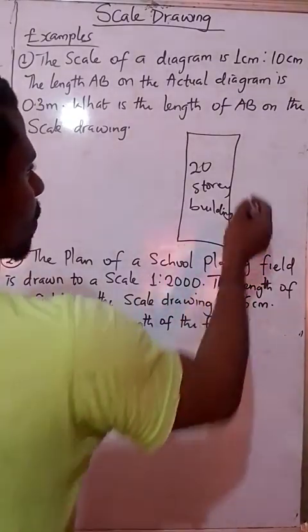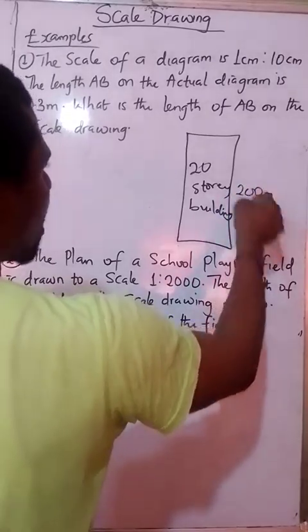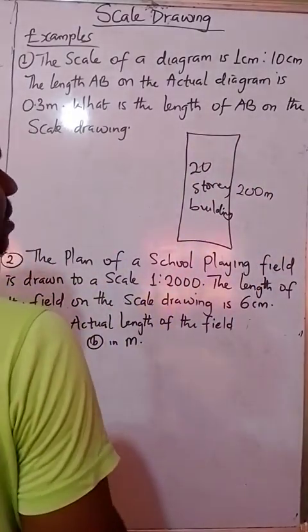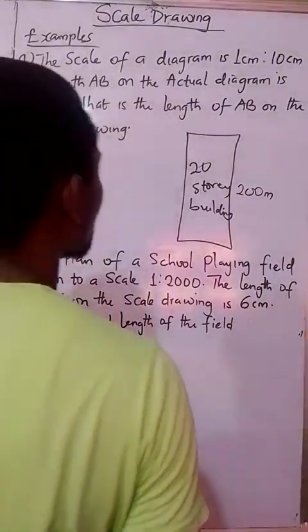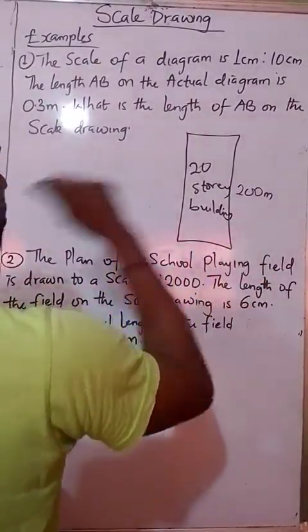Yes, the height of a story building can be 200 meters high.